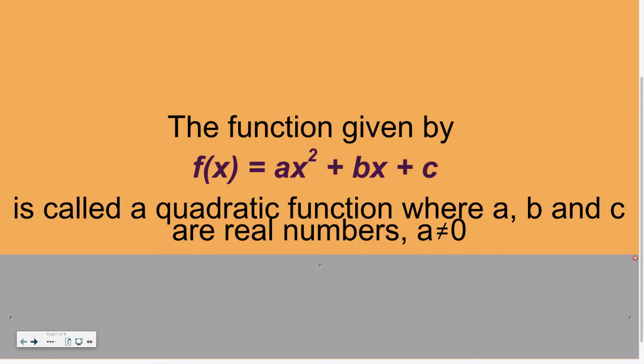And we've done a lot of work with transformations of functions. And really, x squared is a function that I have you transform quite a bit because we're very familiar with it. Okay?